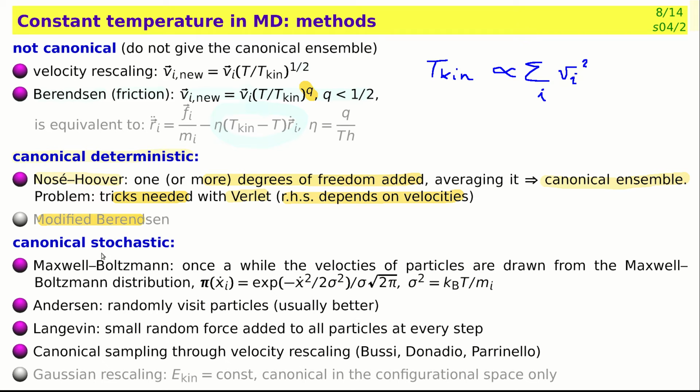And then there are stochastic thermostats, and these are usually canonical with a high precision. Stochastic means that we use random numbers or random motions.